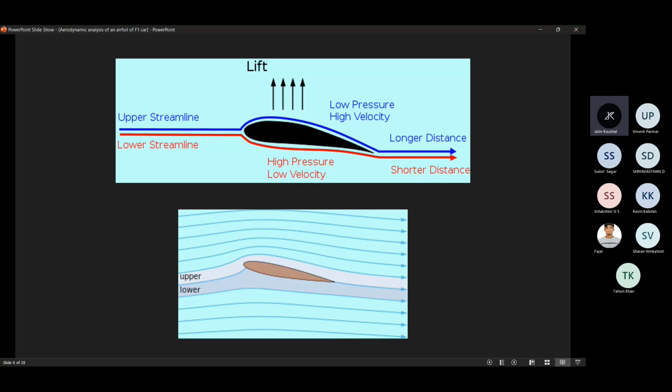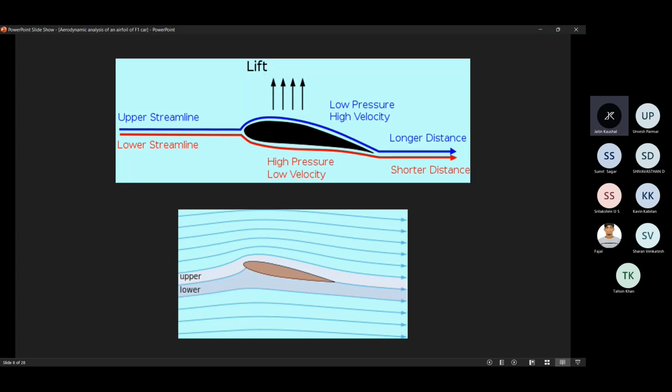So just understand it: whenever streamlines come closer together, their velocity speeds up. Hence the velocity of these streamlines above the surface of the airfoil increases, and from Bernoulli's principle, it results in reduction of pressure and hence the lift.